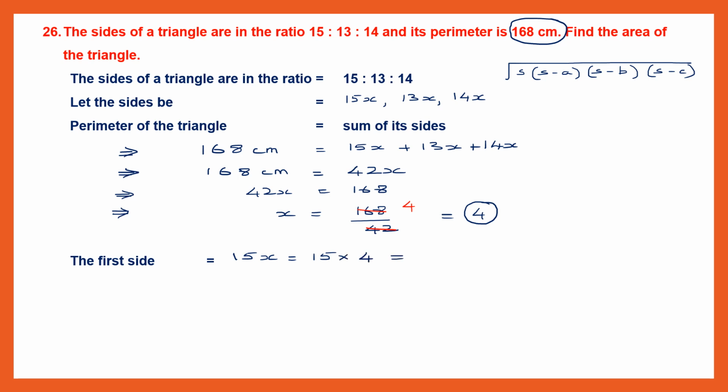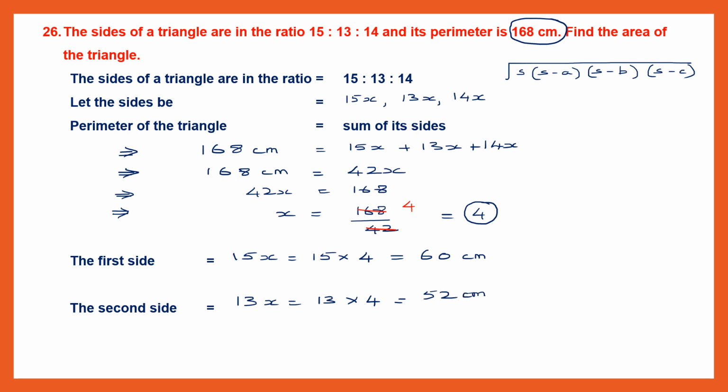So 15 into 4 is 60. So the first side is 60 centimeters. The second side we said is 13x. So that will be 13 into 4, which is equal to 52 centimeters. So we have the second side.